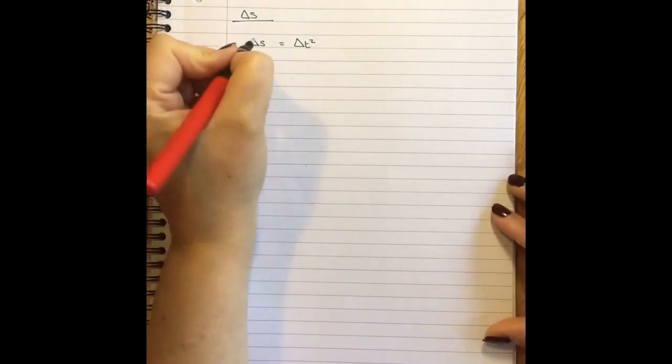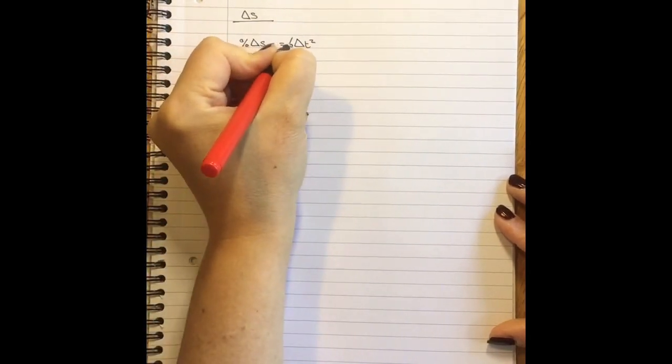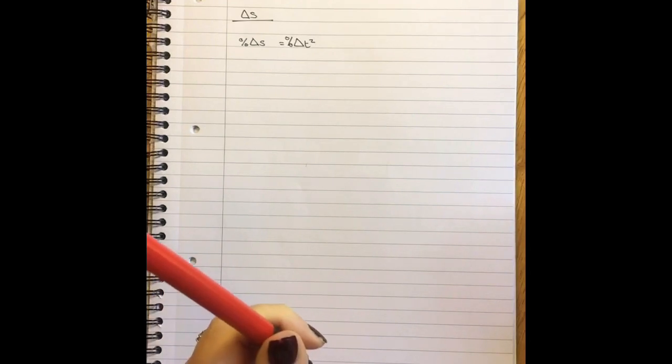Well, not quite. The percentage uncertainty in S is the same as the percentage uncertainty in T squared, because they're in different units.